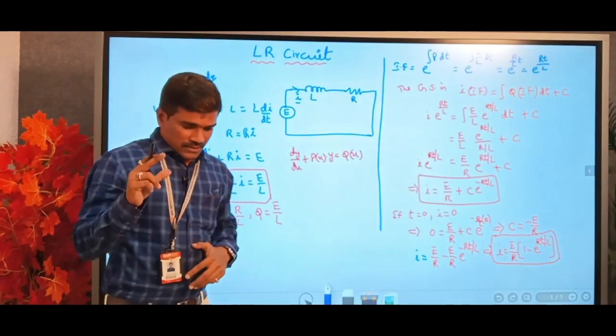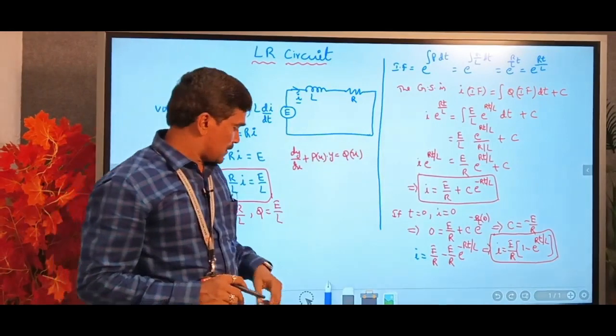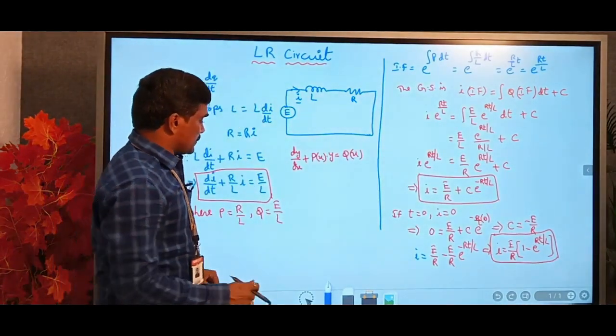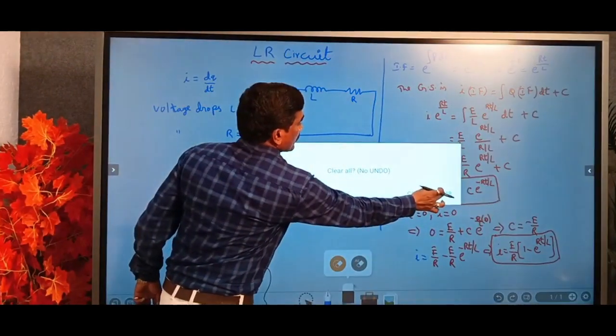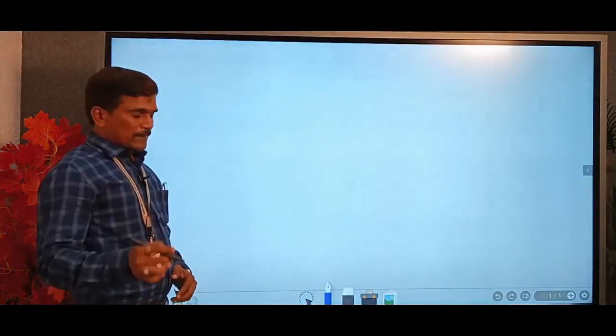Now we are going to discuss one problem in this LR circuit. What is the problem?